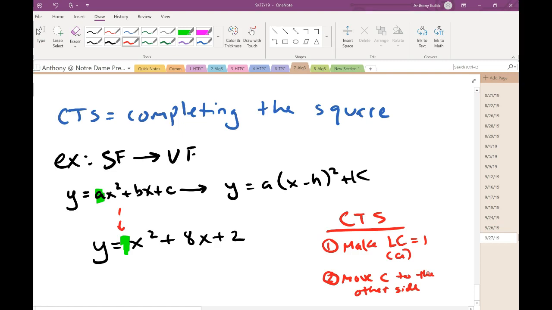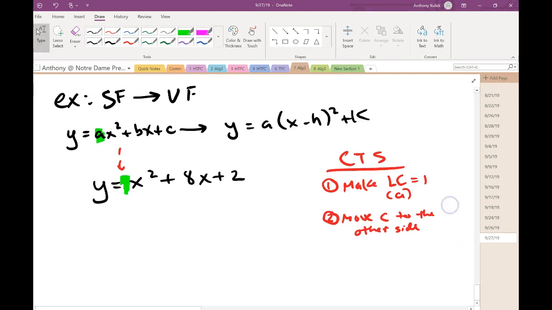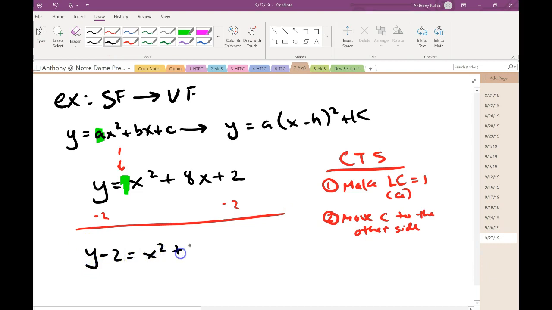The next step that we're going to do is we're going to move the c coefficient to the other side. Okay with that? So far, that's pretty easy, right? I've oversold this as being difficult.